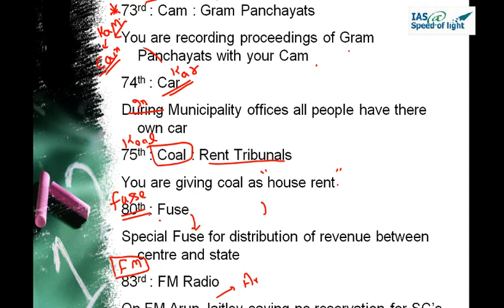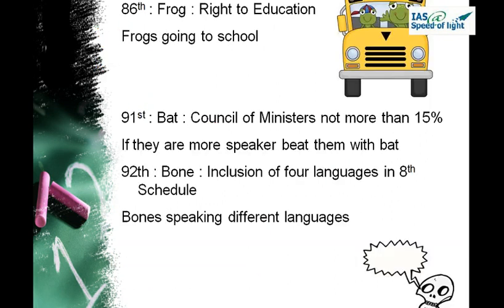So Arun Jaitley on FM radio is saying there should be no reservation for SCs, and this is a very controversial statement, so it became a huge controversy over Arun Jaitley. What we want to remember here is Arun Jaitley, that is Arunachal Pradesh, there is no reservation for SCs in the Gram Panchayats.